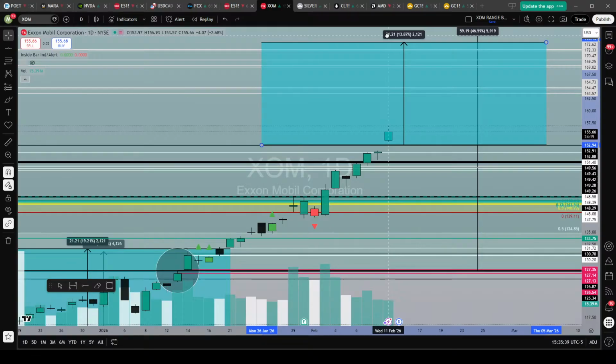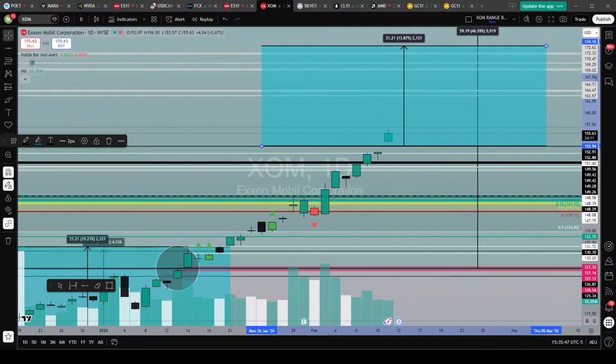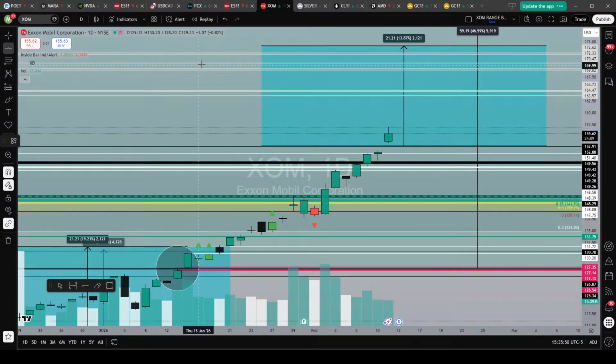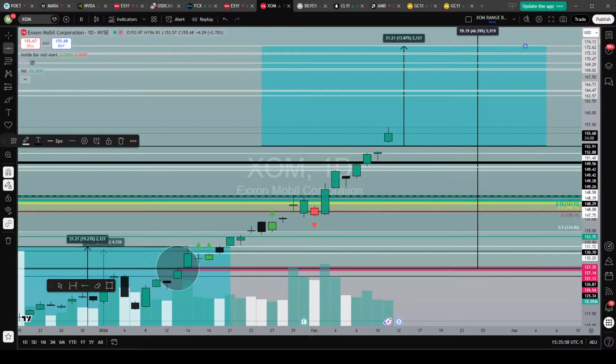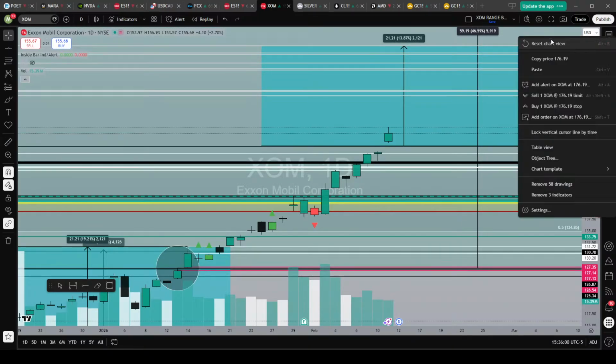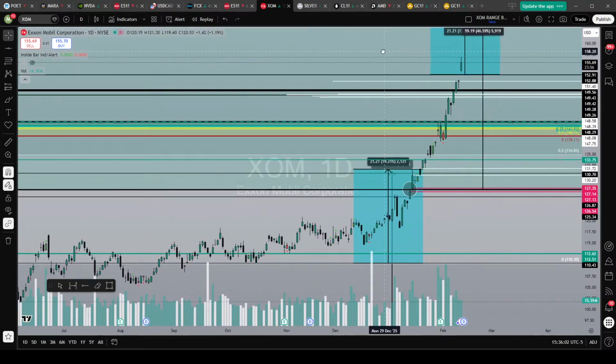So 152.91, I think, or like close to here. What is that? So that would be like 174.13. If you guys want these areas, just tell me and I can send them afterwards.